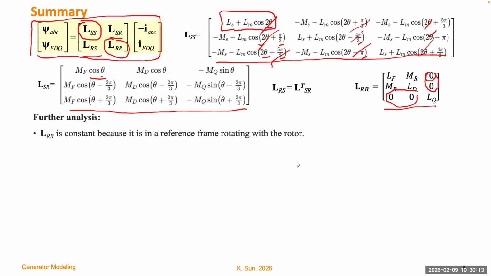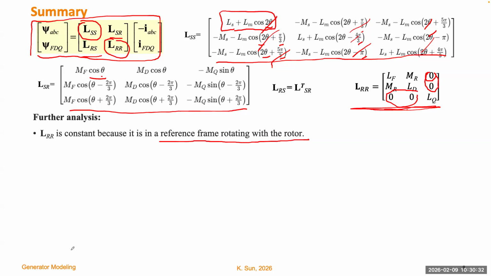In this model, only the LRR is theta independent, which means it doesn't involve any theta, because it is in the reference frame rotating together with the rotor.